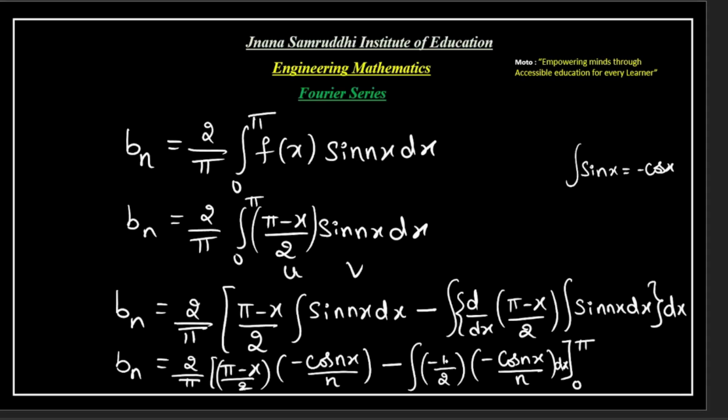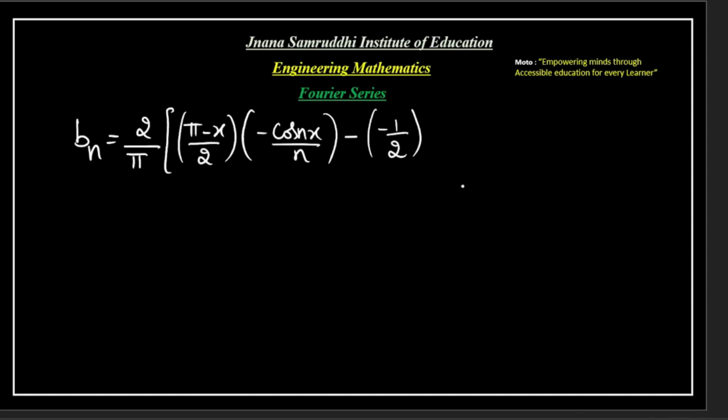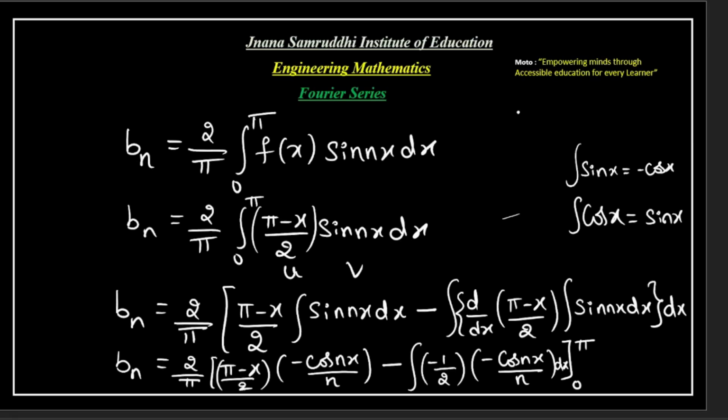Minus 1 by 2 is constant, so we will take it outside. Again integration of cos. What is the integration of cos? It is sin nx. So we'll write it as sin nx by n, already one n we have, so it will become n square. Got it?